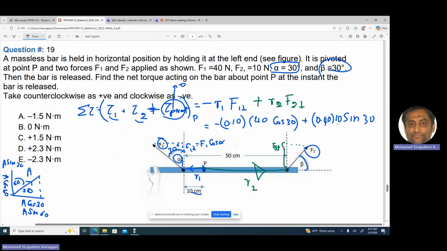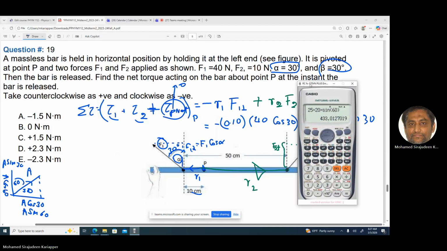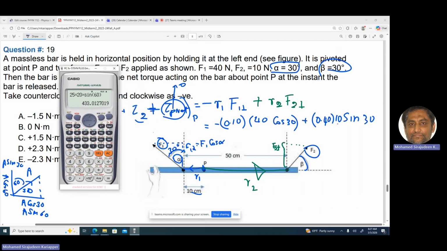So you just take your calculator, work this out, and you should get the answer. Let me do it for you. Okay, there is a negative sign. Let's use this negative 0.1 multiplied by 40. Is it 40 or 0.4? Yeah, I put 40. Did I mess up something? R1 is not 40, right? It's 10.